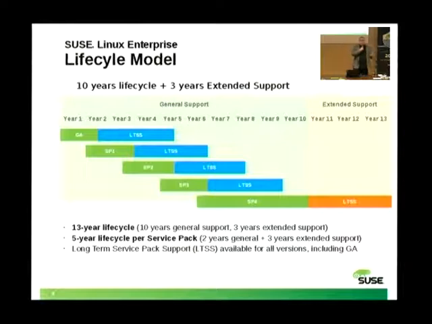With the service pack, during those 10 years of life cycle, we keep API and ABI stable. So if you compile an application on the first release of a major release, you can still run it without the need to recompile it on the last service pack of this major release.